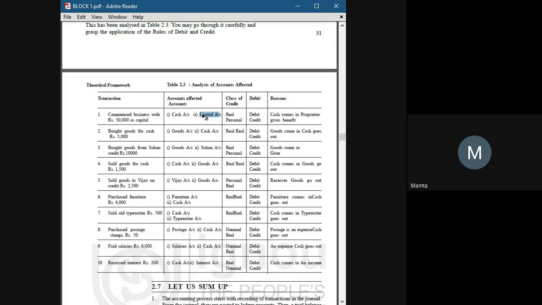Now I'm telling you something which is important. Always consider your business and the owner of the business as a separate entity. Okay, your business is different from your owner.